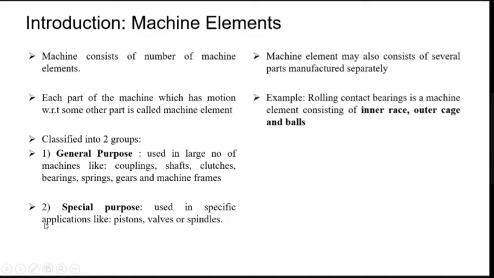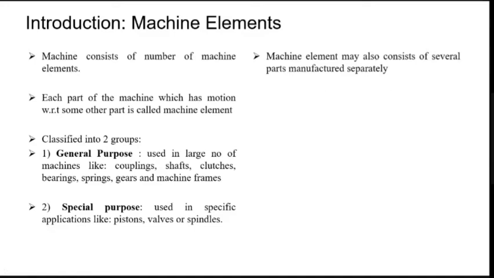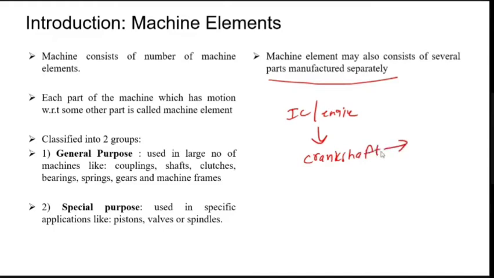Okay. Now, a machine element may also consist of several parts manufactured separately. Guys, try to understand that. Let us take the example of the IC engine. Now in the IC engine, let us say you have a component, a crankshaft. The machine element is a crankshaft. Now this crankshaft will again have sub parts which are manufactured separately.